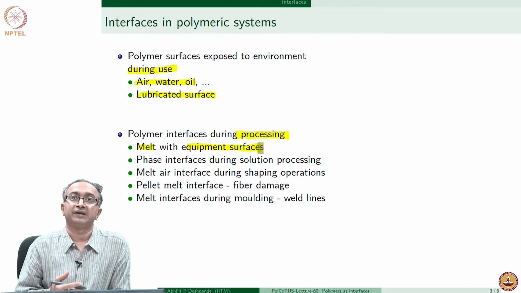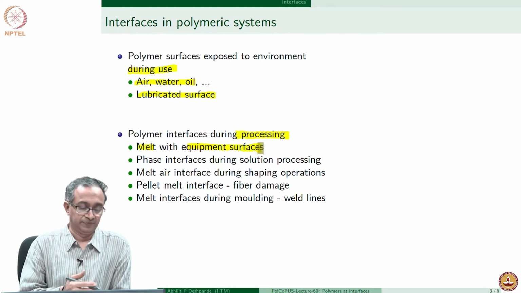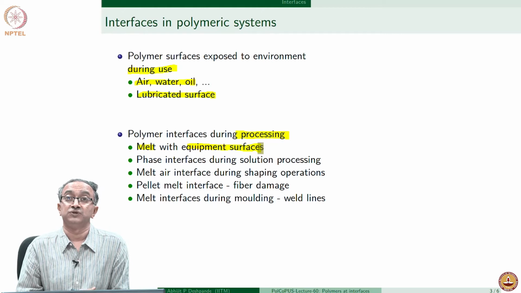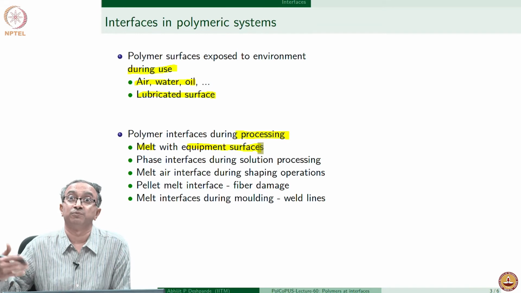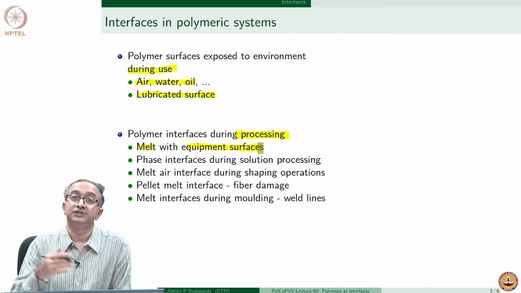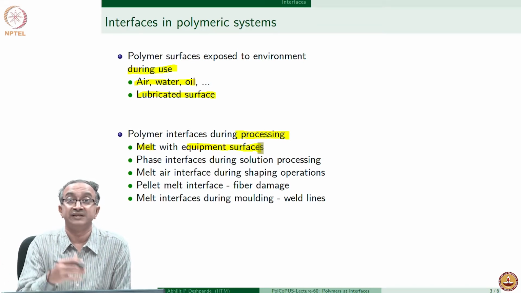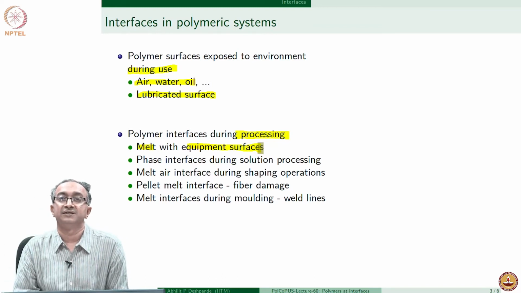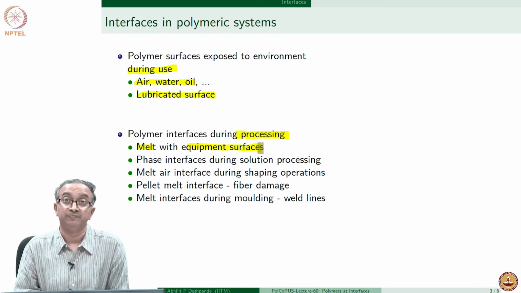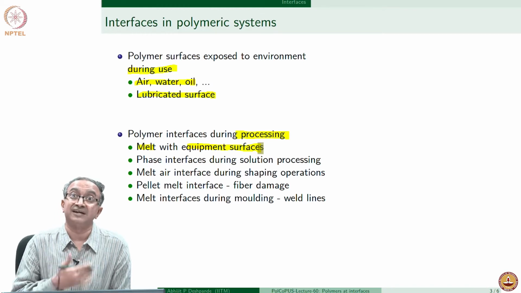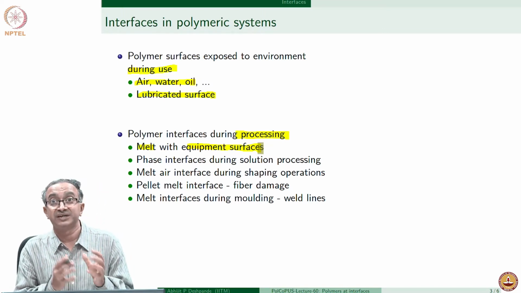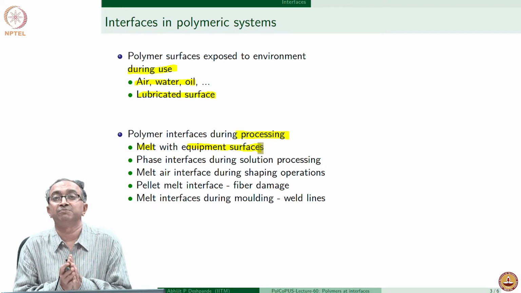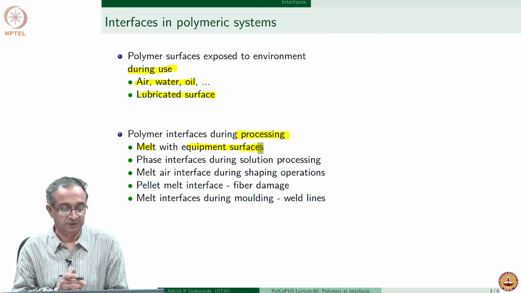Does it lead to, for example, accumulation of these macromolecules on the metallic interface, and slowly heating and cooling characteristics change, which then will lead to problems with processing later on? Do some of these metallic components come into the polymer and then into the final part and can be there as impurities, or can they lead to some catalytic action which may form cross-linking or chain scission in the polymeric systems, and so on. So, you can see that interfaces and interaction during processing can lead to a whole lot of possibilities.